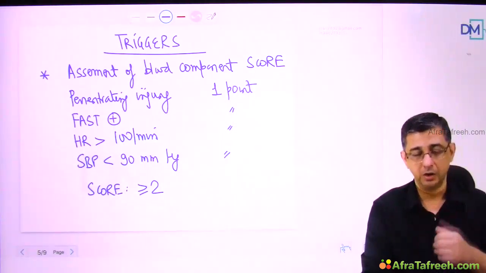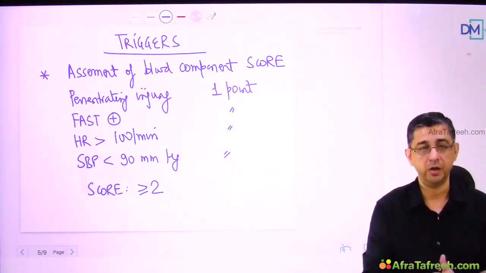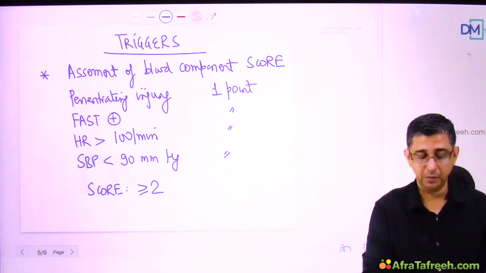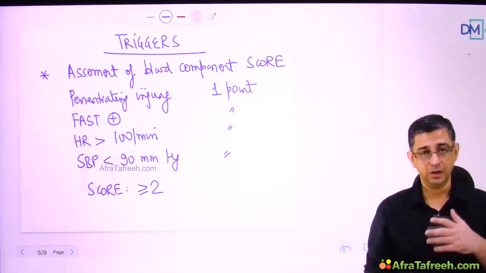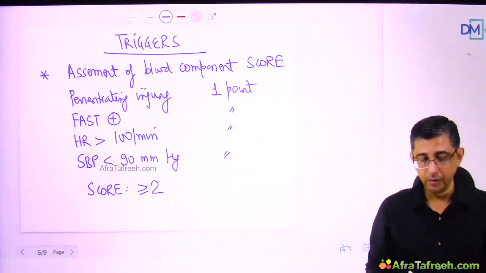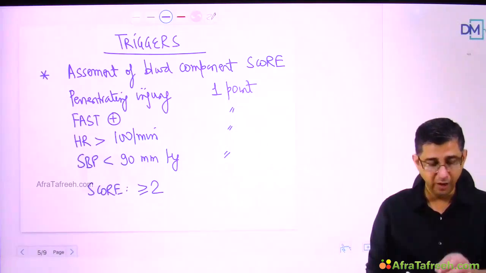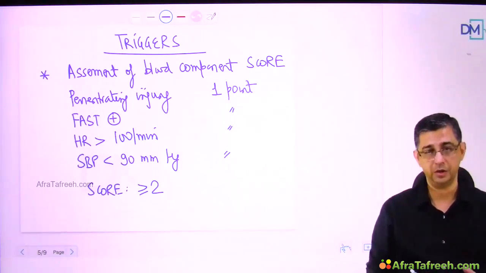Obviously that matters. They will initiate it on the basis of a software algorithm, which is a straightforward assessment of blood component score or ABC score, and if the score is more than 2, then there is a high accuracy that the requirement for MTP was a valid scenario for the patient.